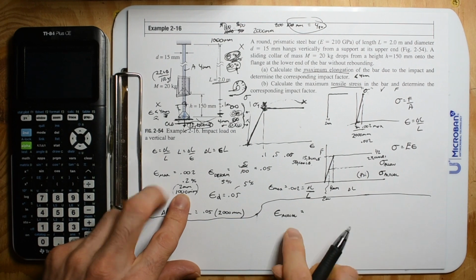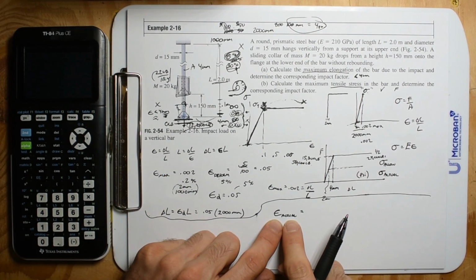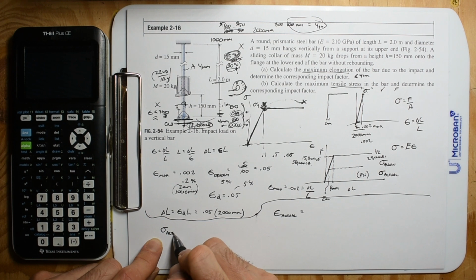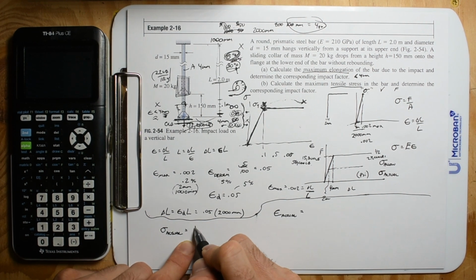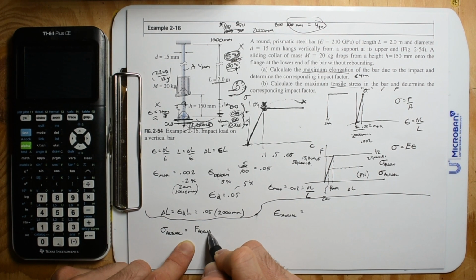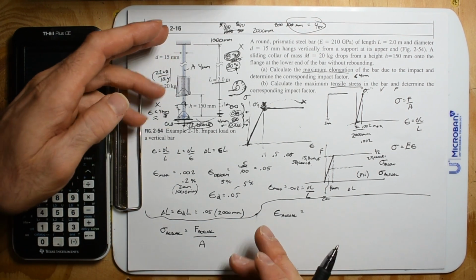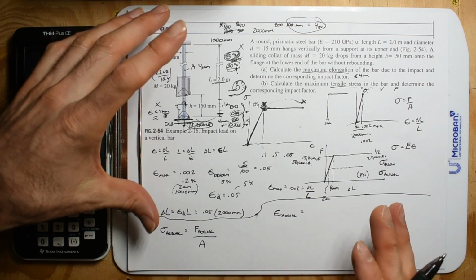Now, do we put this label actual on everything? Let's say we have strength actual is equal to force actual. Now, would we say area actual? No, because we've already chosen the area. Area is not a changeable thing in this.